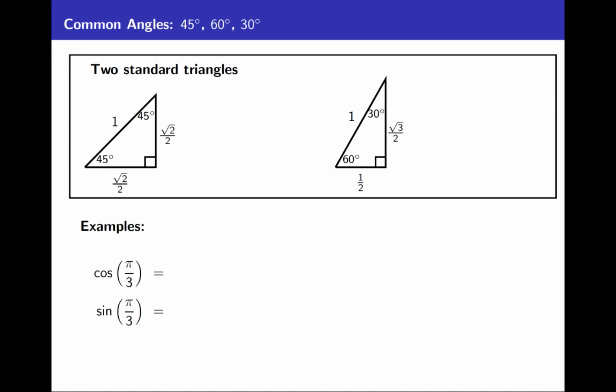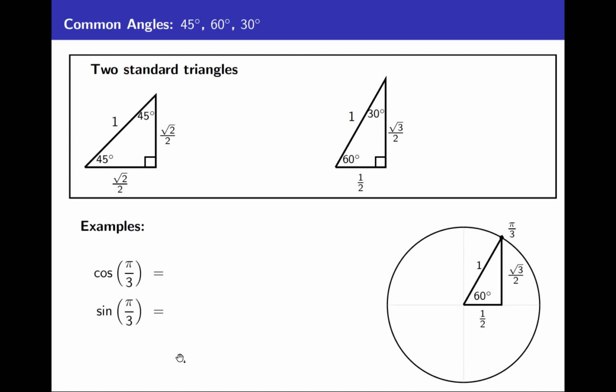Let's take some examples. Let's work out cosine of pi over 3 and sine of pi over 3. Always we go to the unit circle. And pi over 3, remember, is 60 degrees. So if we draw a pi over 3 on the unit circle, it forms a little triangle that's a 60, 30, 90 triangle. It looks just like this one. The x side is 1/2. The y side is root 3 over 2.